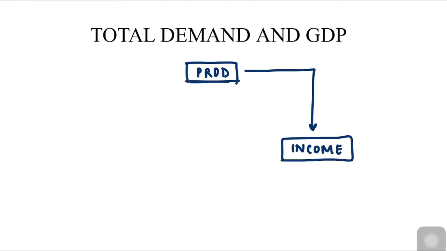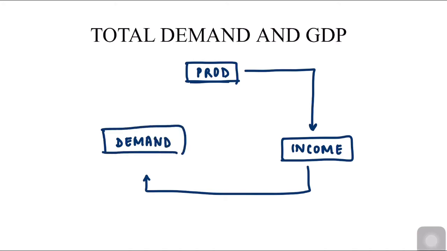So if I'm a producer of, say, socks, and you purchase that, when you're buying socks from me, you're generating income for me. And that income, now that I have money after selling socks, I can go and buy myself a pair of shoes. So which generates demand. And then that ultimately leads to further production because people are demanding goods.